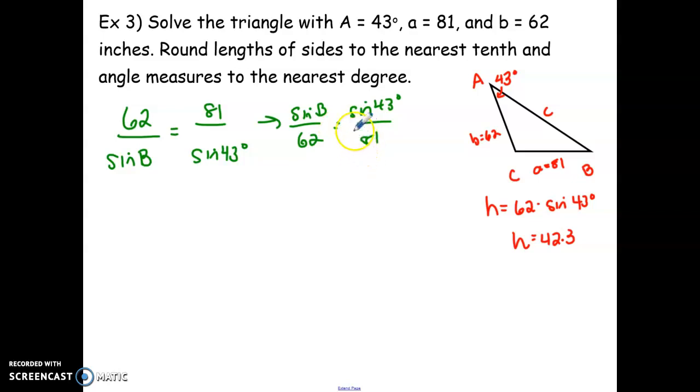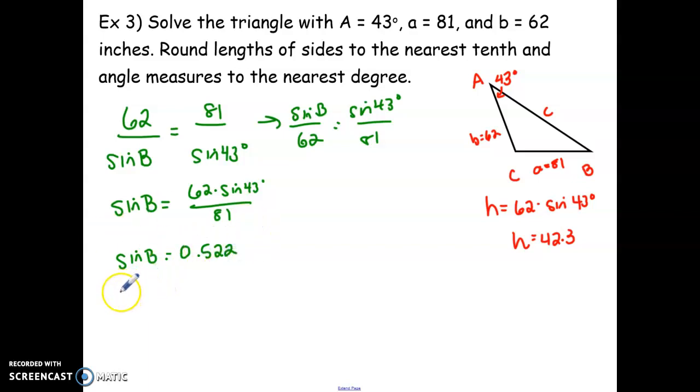If that makes it easier to cross multiply, that's fine. We get sine of B equals 62 times sine of 43 degrees over 81. Type that in your calculator. You get sine of B equals 0.522.